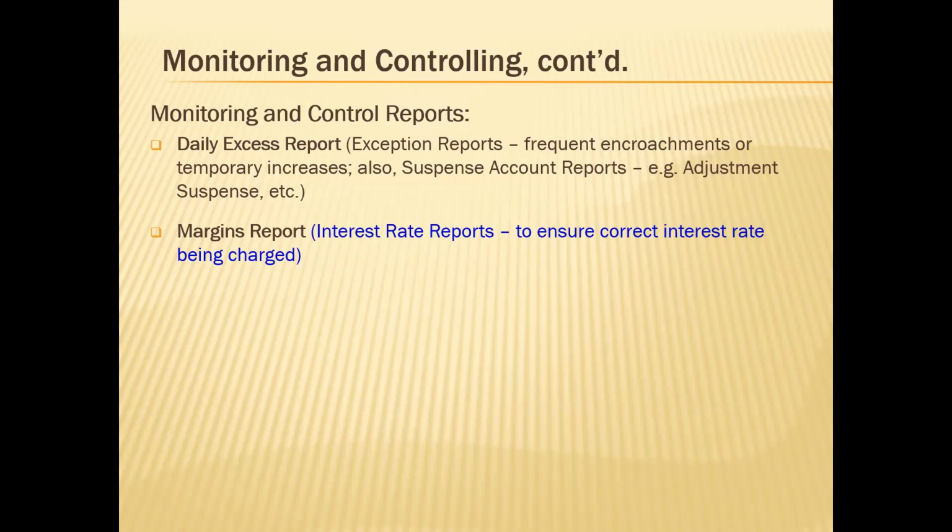Or if it was a 16% interest rate, and depending on if it was a more substantial sum of money, that is why we charge them 12 as opposed to 16%. But the margins report should alert you to whether or not the interest rate is correct. So similarly, if you see a mortgage loan with a 16% interest rate, hey, none of our mortgage loans are 16%. So what went wrong, right? So the margins report is a very important report as well.